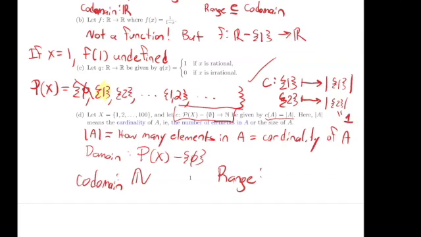So the cardinality is counting how many elements are in the set. The range is definitely going to include 1, and it's going to include 2 because I do have subsets of X that have 2 elements. And we're going to map to 3 and to 4 and to 5 because I can come up with subsets that have 3, 4, or 5 elements.